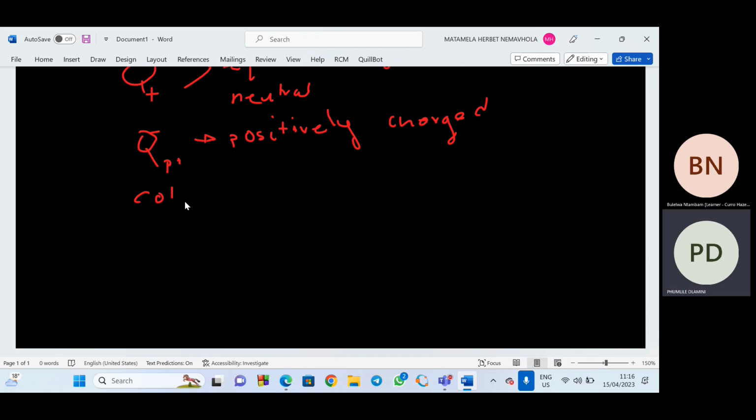Let me just write it down. A question can ask you to state Coulomb's law. So Coulomb's law states as follows.